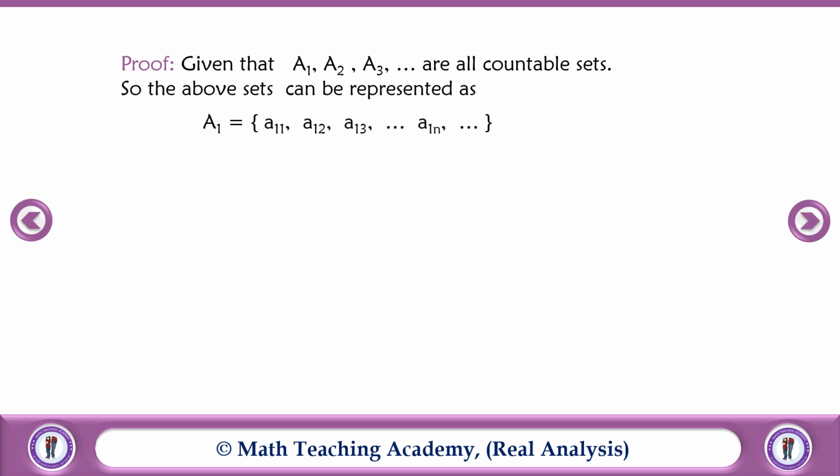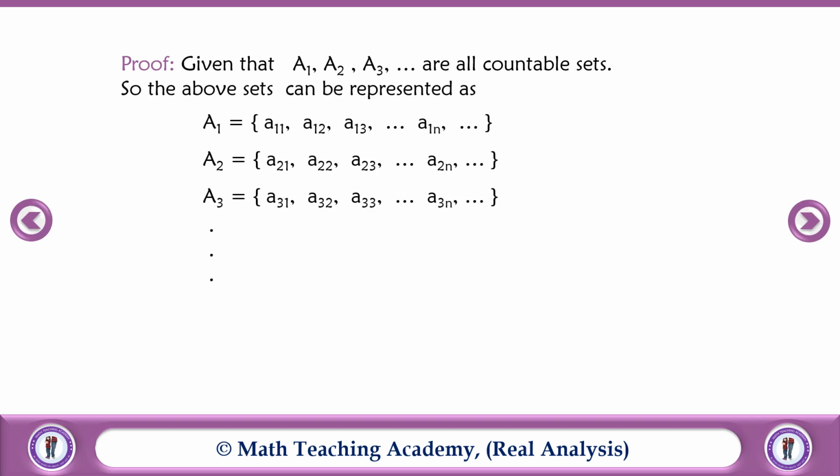So, the above sets can be represented as capital A1 is equal to the set of all elements A11, A12, A13, etc., A1n, etc. and the set A2 becomes the set of all elements A21, A22, A23, etc., A2n, etc. and the set A3 becomes the set of all elements A31, A32, A33, etc., A3n, etc. and in general the set An becomes the set of all elements An1, An2, An3, etc., Ann, etc. and so on.